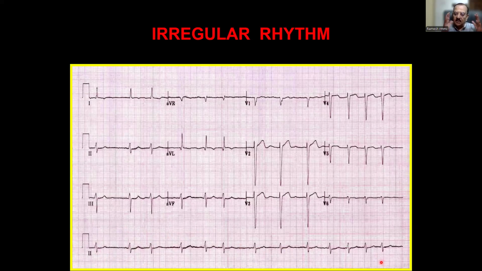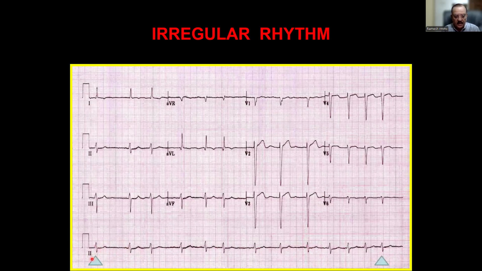Then your original calculation, 300 divided by big squares or 1500, will not apply here. Here you must apply a different formula. So just mark the first QRS, mark the last QRS, then count in between how many QRS there are.